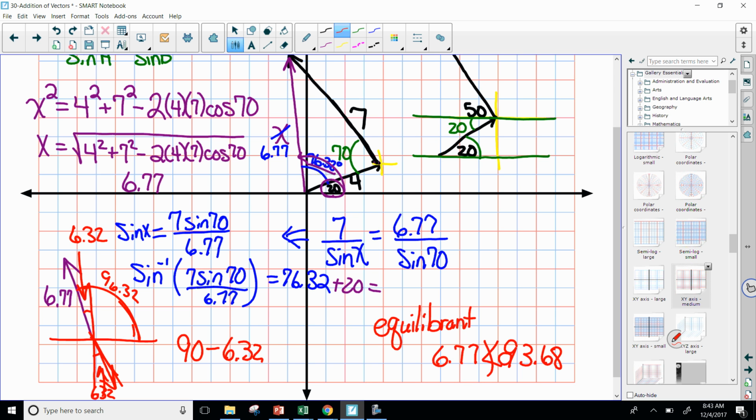There's the equilibrant. Negative 83.68, thank you. Well, that's really bad. Let me just start that all over. At an angle measure of negative 83.68 degrees, there would be the equilibrant. Sometimes they ask for the equilibrant, and it just means what will put it in equilibrium versus the resultant.